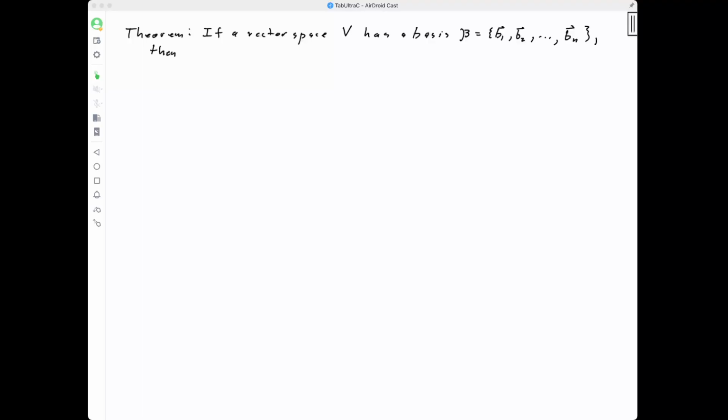Then any set in V containing more than n vectors must be linearly dependent.